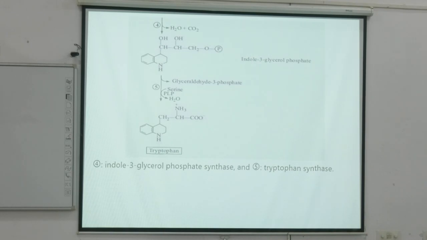This indole 3-glycerol phosphate will again undergo a complex reaction with the help of serine in the presence of PLP to finally give you tryptophan. So, this is the tryptophan synthesis pathway.